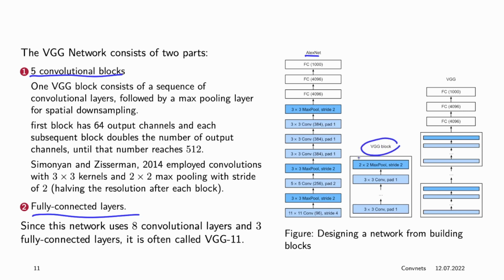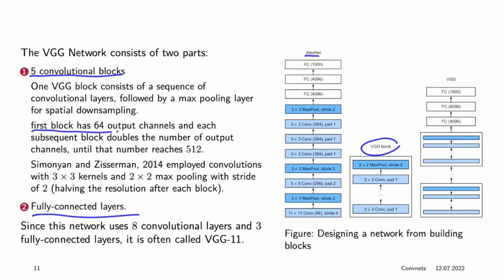So a VGG block is a number of convolutional layers that are then followed by a single pooling operation, where the pooling operation achieves a spatial downsampling of the output of the block compared to its input.